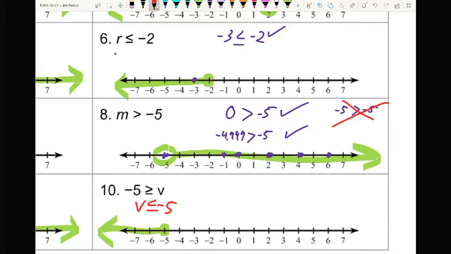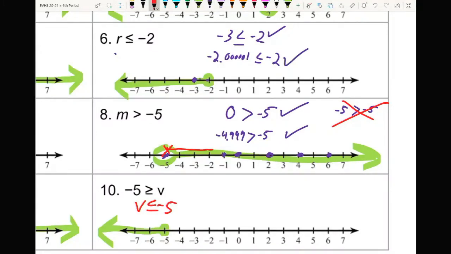So the open dot is saying it's everything up to it, everything approaching it, but not counting the 5 itself. On the closed dot, again, if I go in and pick another point, if I do negative 2.000001, is that less than negative 2? Well, yes it is.